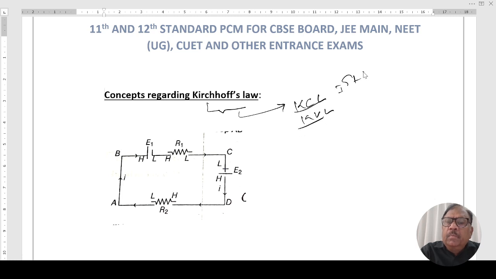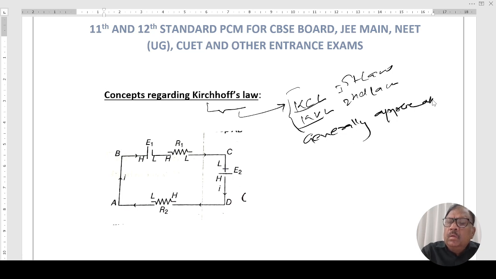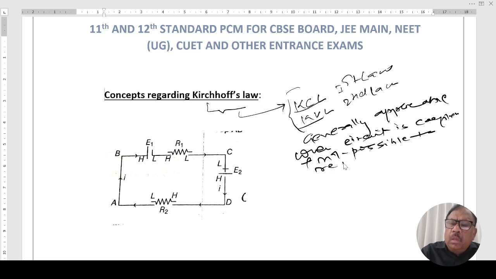One is also called the first law, the other the second law. These are generally applicable when the circuit is complex and not possible to reduce into a simple circuit. Right?